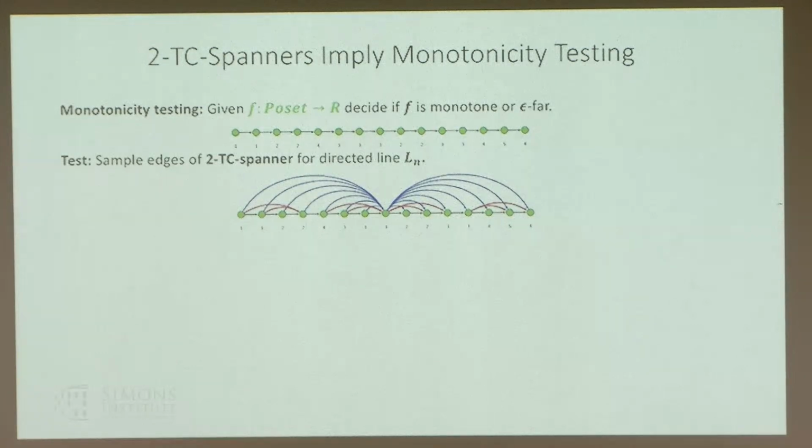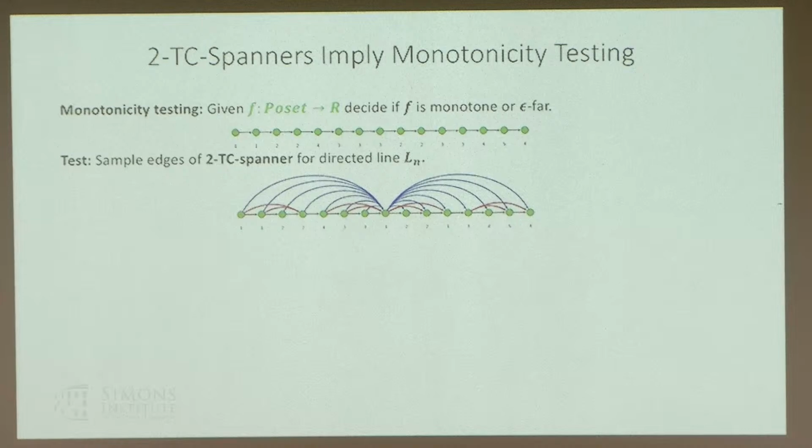So just very quickly, in case you're very curious, in monotonicity testing over, let's say, a line, we're given a function on the vertices, a real function, and we'd like to know whether it is monotone. So in this case, it really means that this array of numbers that we got is sorted. Is it monotone or is it far from being monotone, which means you need to change it in a constant fraction of places in order to make it monotone?